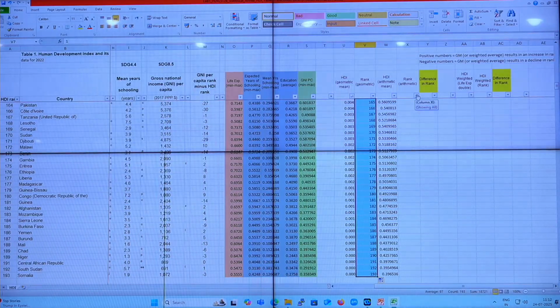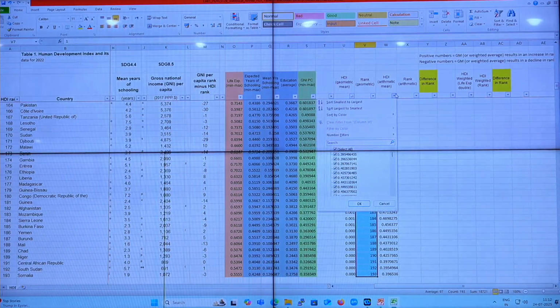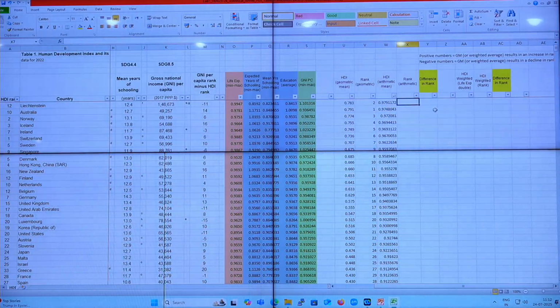And you can sort on the arithmetic mean ranking from highest to lowest.